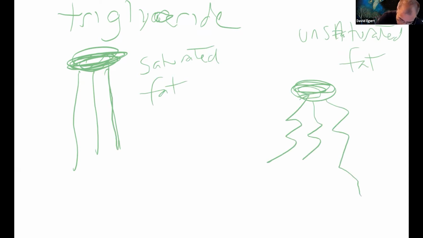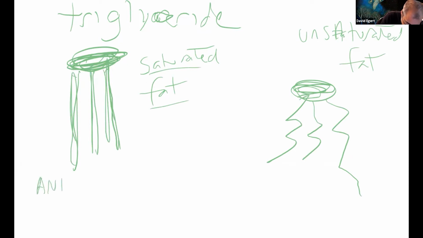If it's a saturated fat, it's got fatty acids fully saturated with hydrogens, and the tails tend to be straight. These tend to be animal fats, what you find in animals. This is the fat you find in a person. Because the molecules can pack very nicely because the tails are straight, these tend to be solid at room temperature.